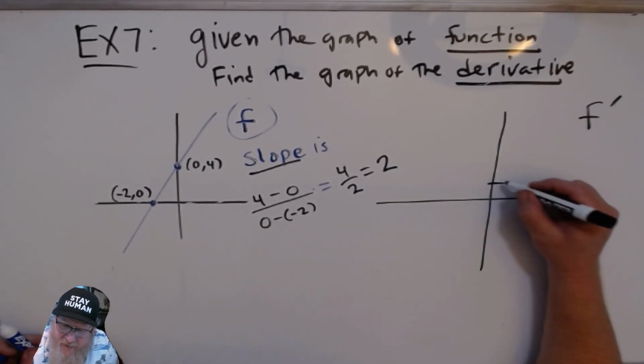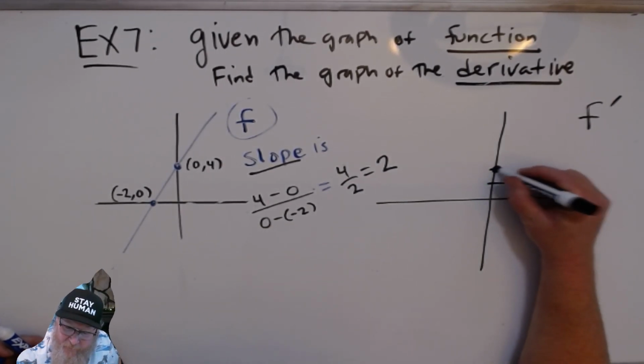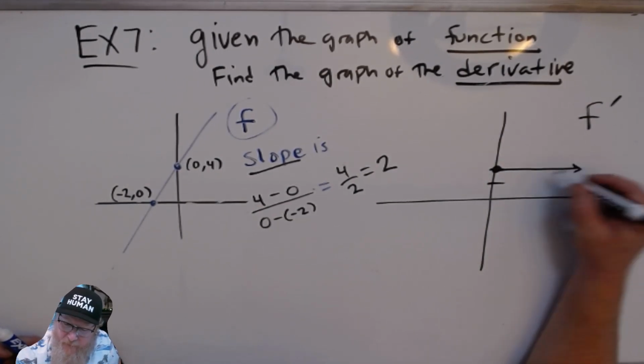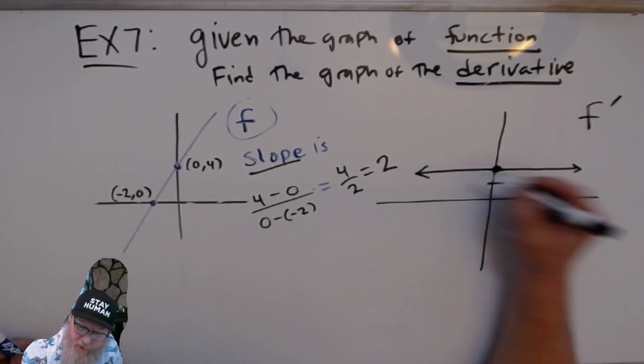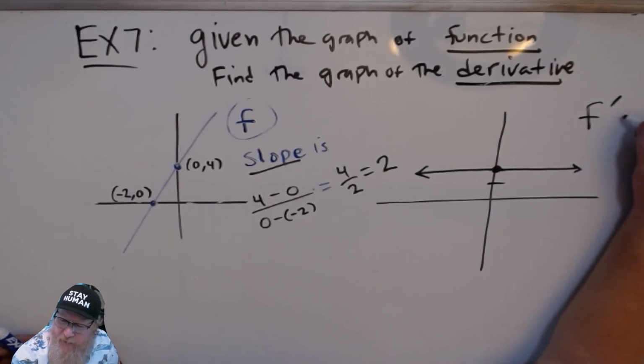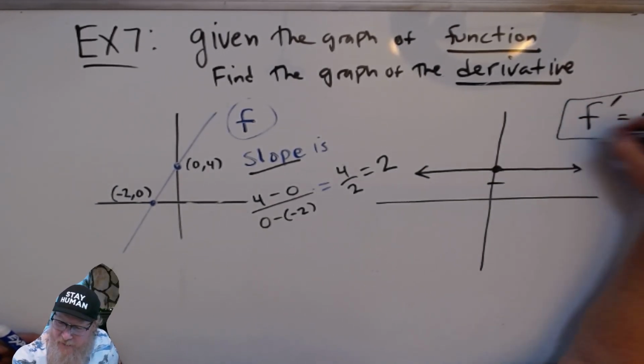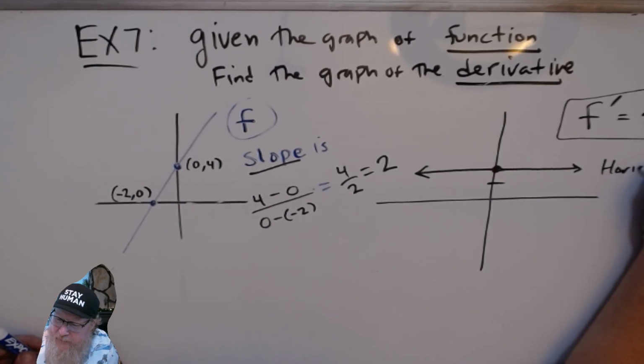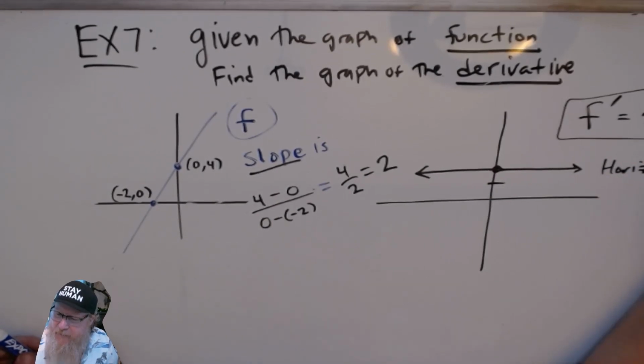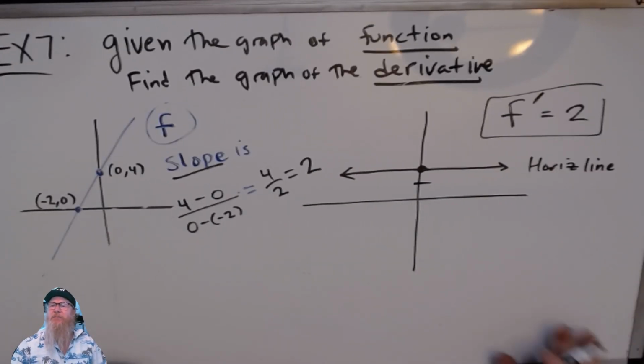So the slope, the derivative, is just a horizontal line at 2.